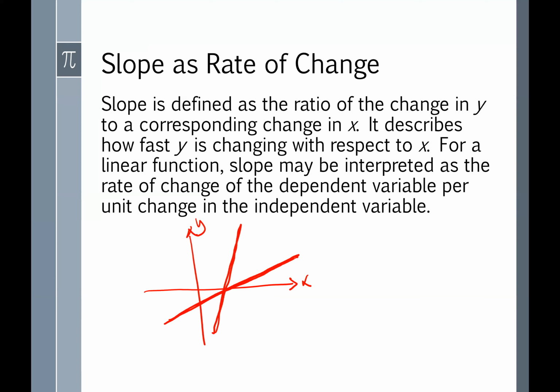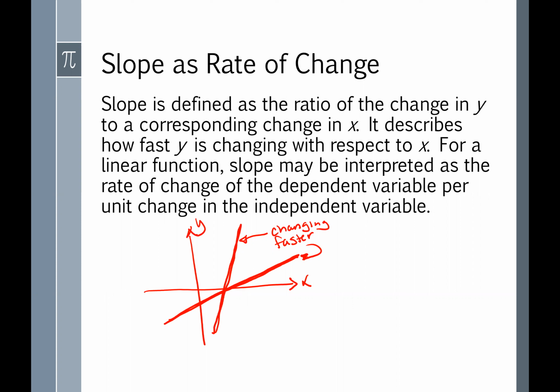This line is changing faster than that line, and the reason is because it's steeper. So a corresponding change in y over x is going to be greater for the first line I drew than the second line that I drew, because slope does describe this change in y over the change in x.